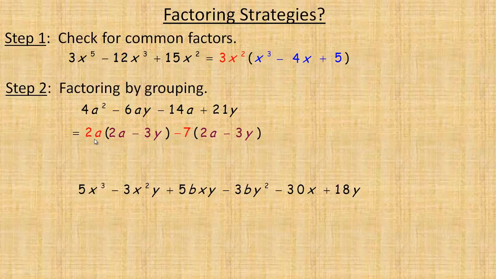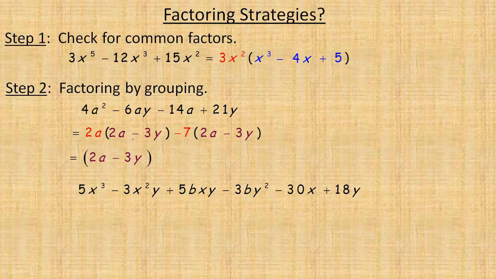Let's get rid of that. There we go. So now notice that these are the same. So 2a, even though it's a binomial, not just a monomial like the 3x squared, 2a minus 3y is common to both parts. So that binomial is actually a common factor. And so we factor it out, and what you're actually doing is this.